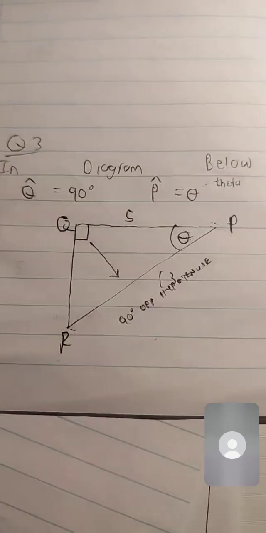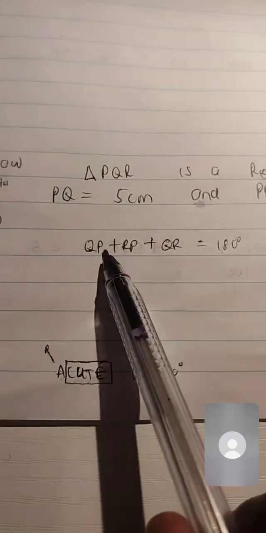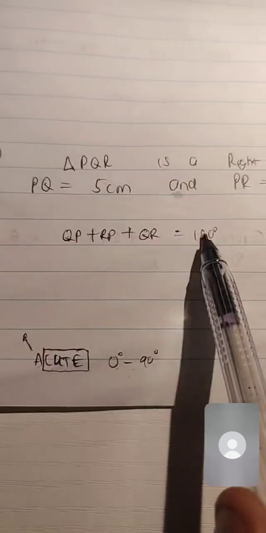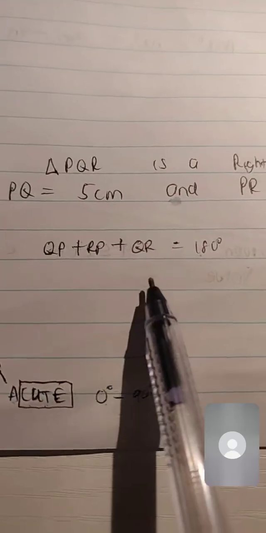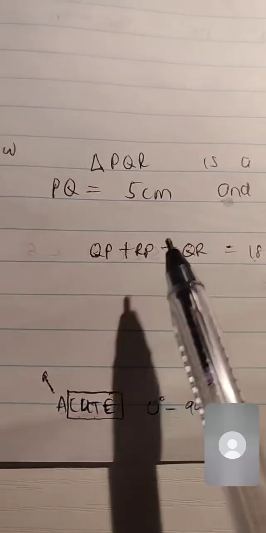Now, when you said that QP plus RP plus QR is equal to 180 degrees, why did you say that, my dear? Because angles add up to 180. Okay, I hear what you're saying. Angles of a triangle add up to 180 degrees, but is QP an angle?